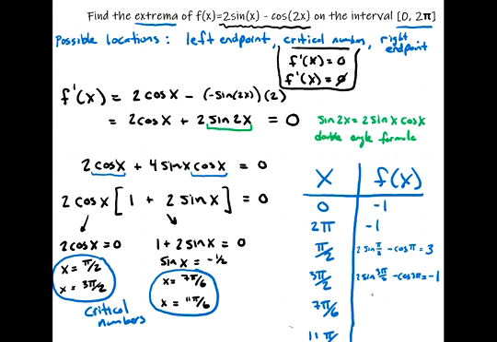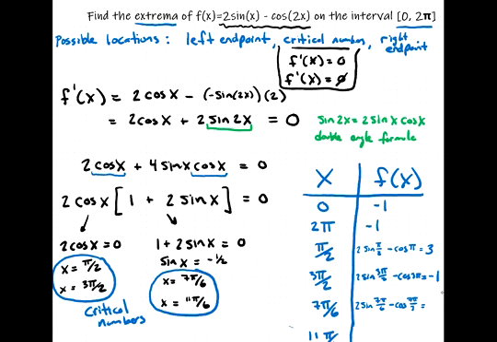And if we plug in 7 pi over 6, that's 2 times the sine of 7 pi over 6. And the sine of 7 pi over 6 is negative 1/2 minus the cosine of 2 times 7 pi over 6, or 7 pi over 3.